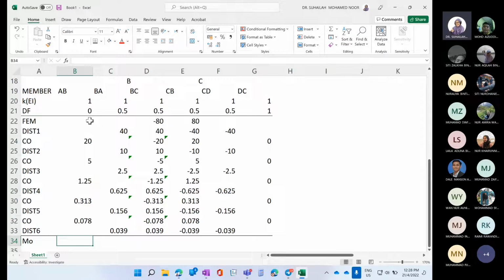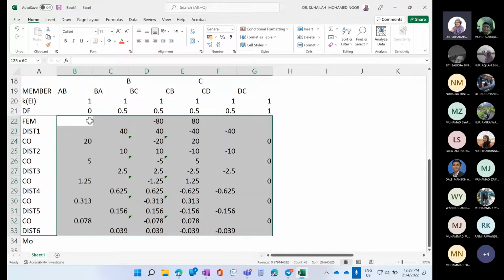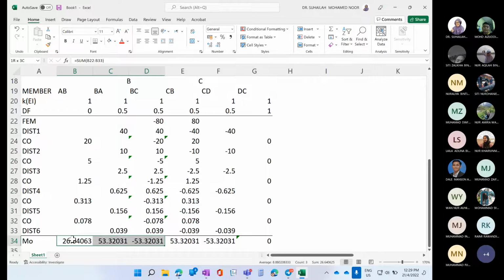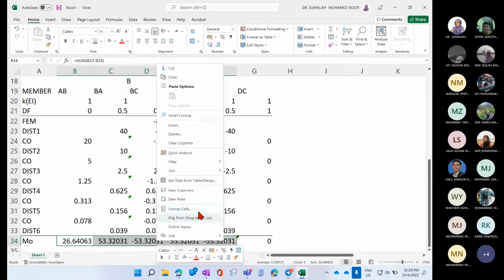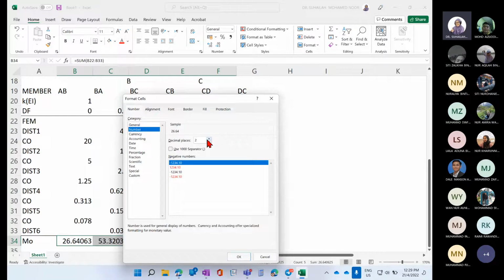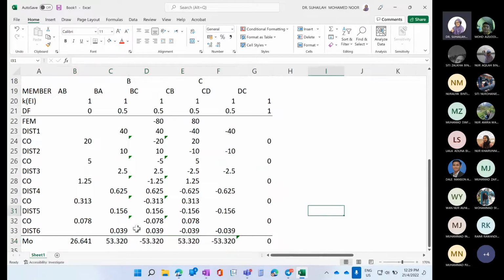So total, starting from the first end moment in the table, which is FEM. Format cell number to 3 decimal places. Okay, so this will be the answer.